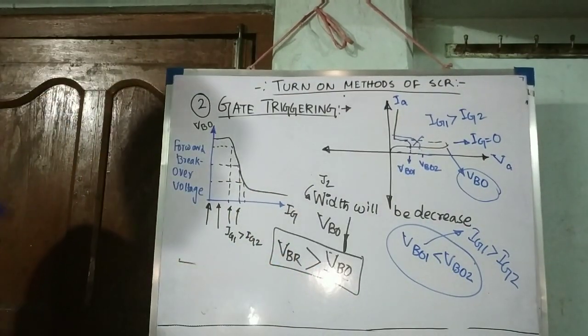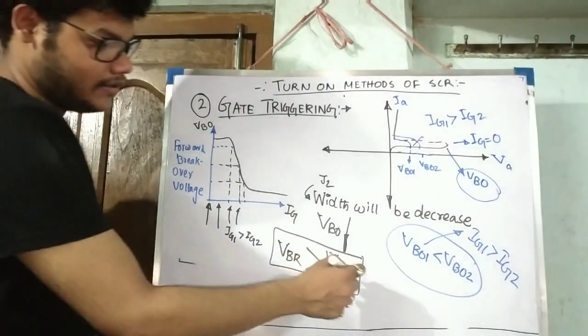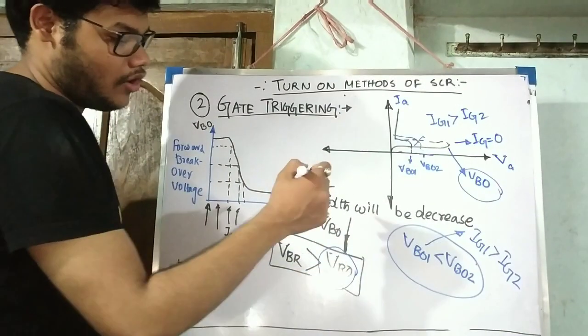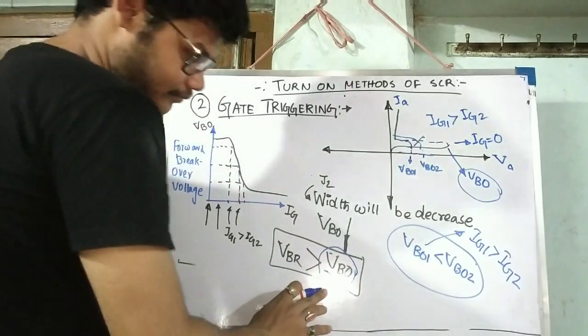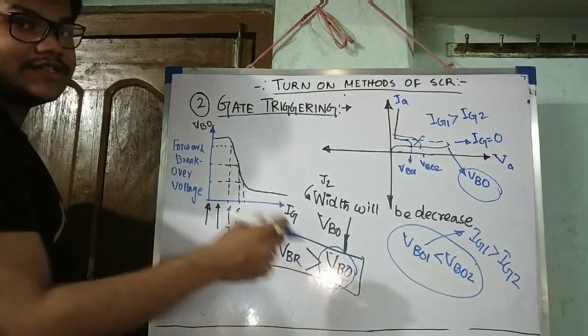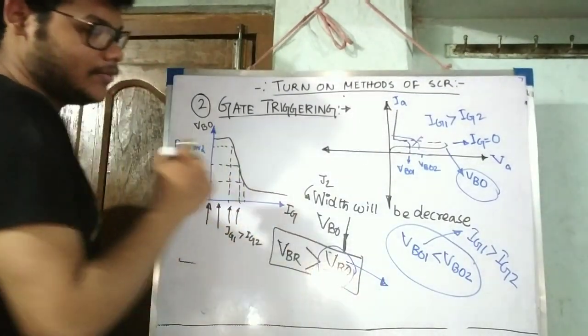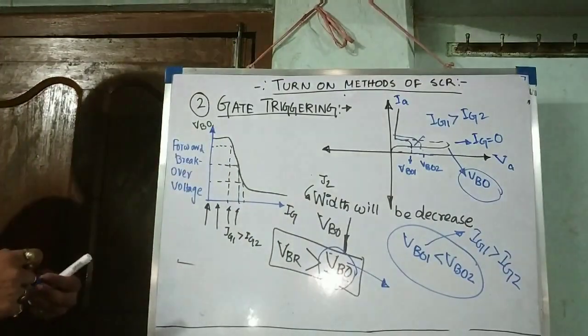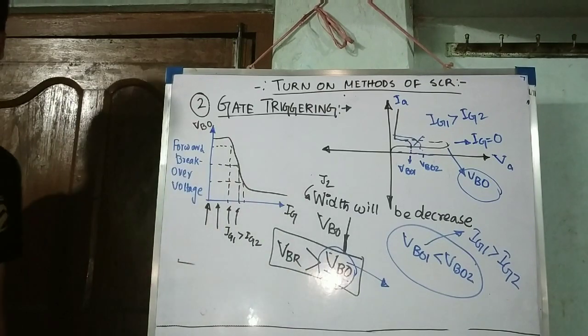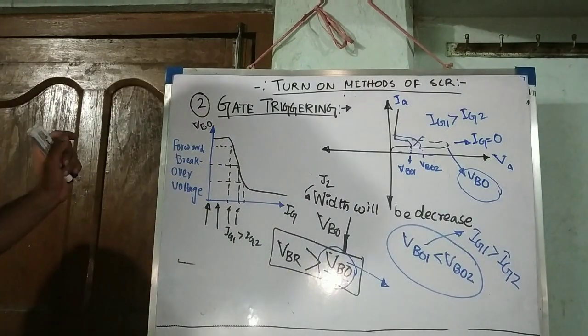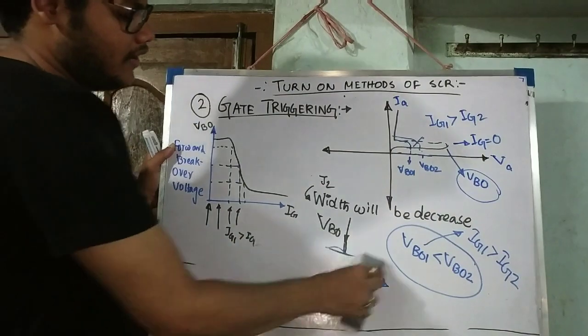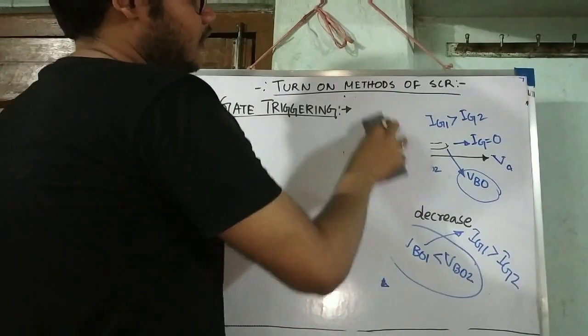To keep the SCR in a safe operating region, the voltage rating of the SCR, which is given in the nameplate, is this VBO, not this VBR. So this is your forward gate triggering. This is the second triggering method. So let us see what the third triggering method is.